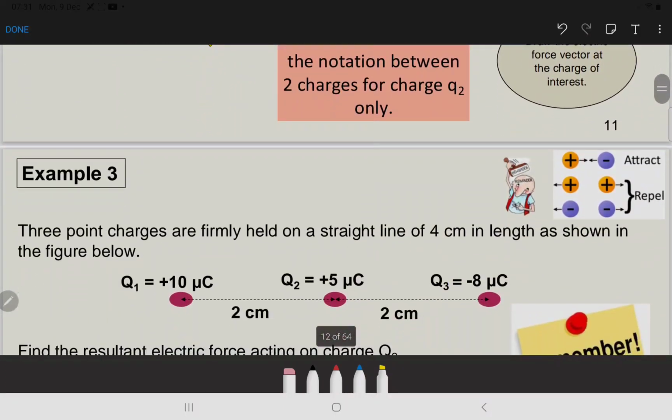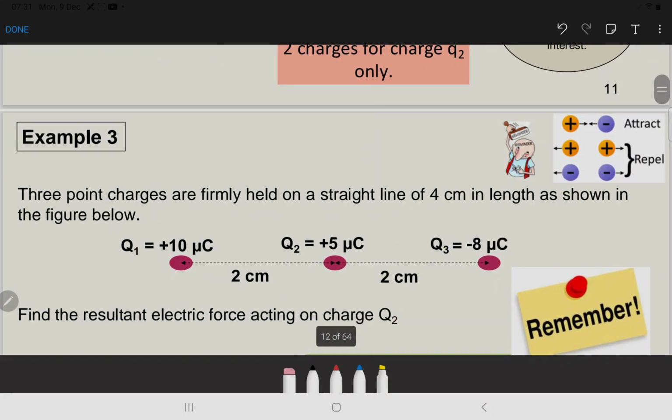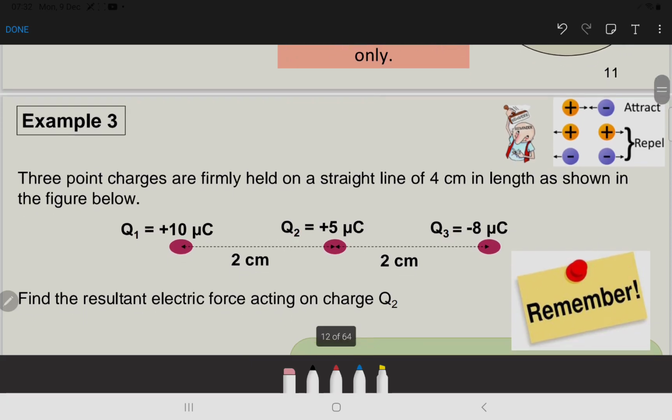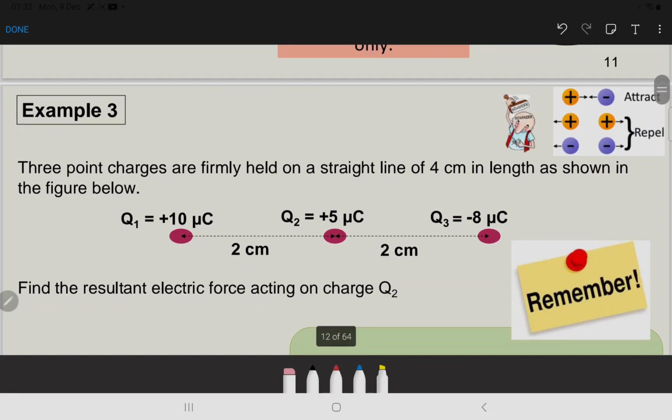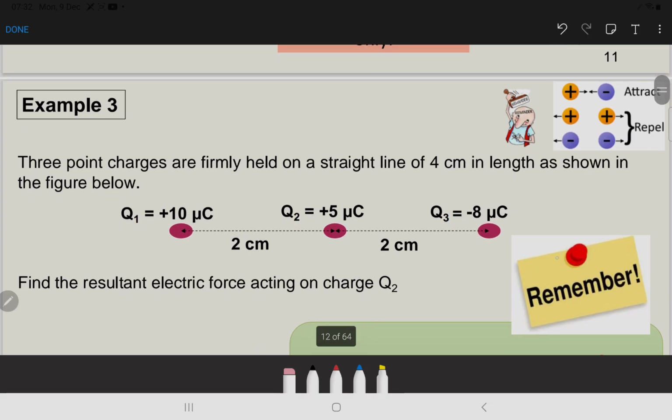So we have an example over here. The first thing you need to do is draw the direction, and we need to identify where we are required to calculate. They want the resultant force acting on Q2.